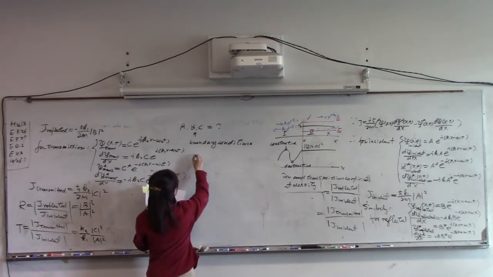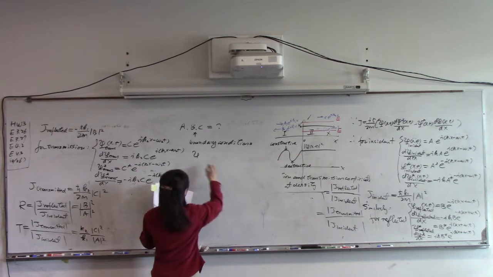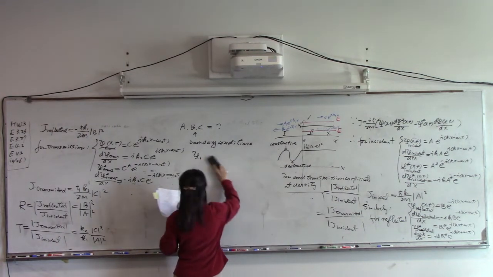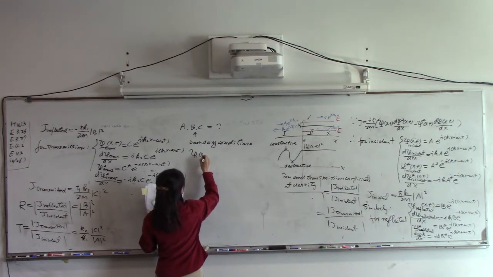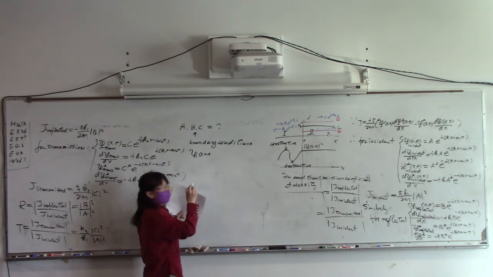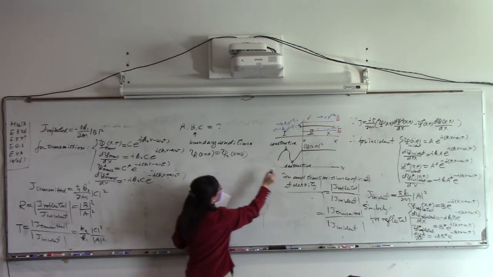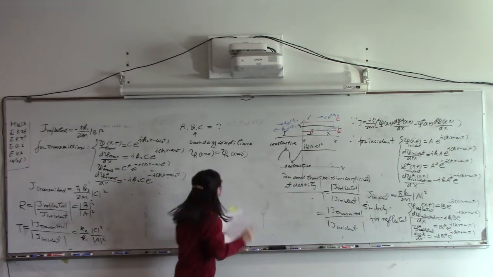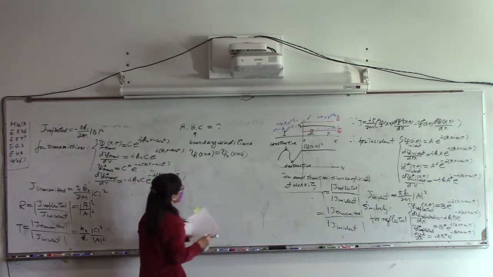First one: actually, for boundary conditions we consider just the spatial part, so ignore the time-dependent part. Say region 1 at x equal to 0 should be equal to region 2 at x equal to 0. The wave at this position should be the same. So that is the first one.